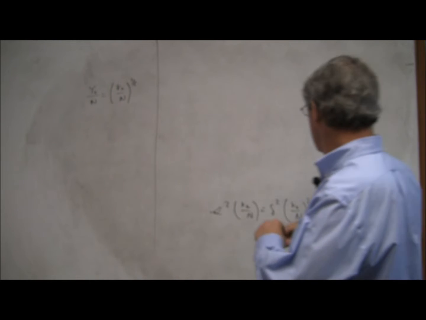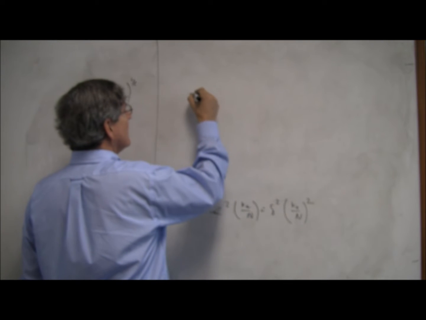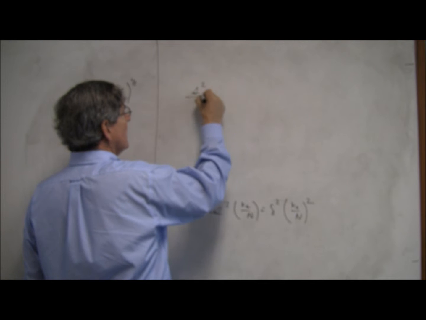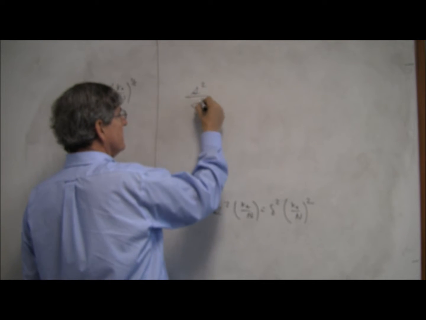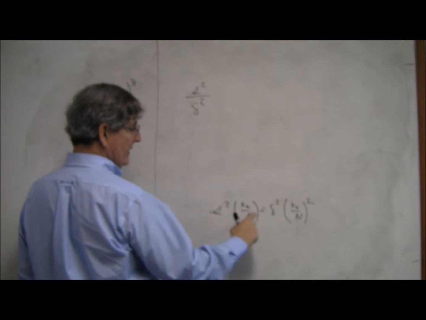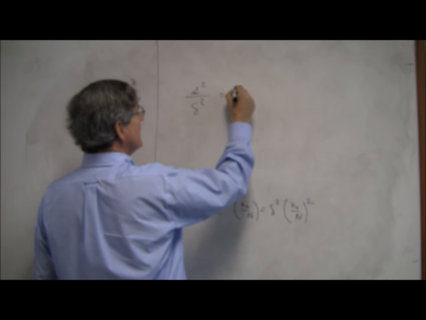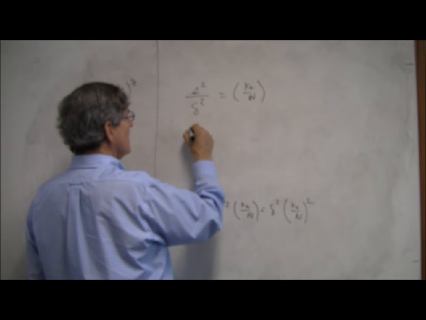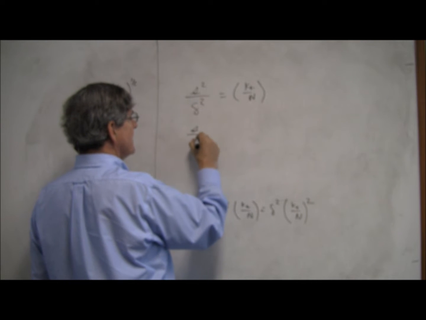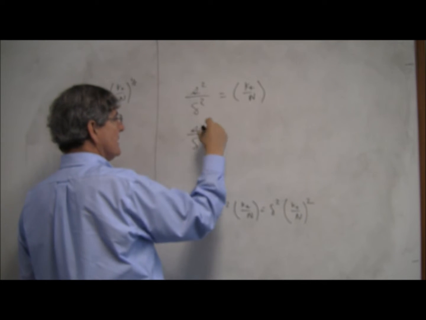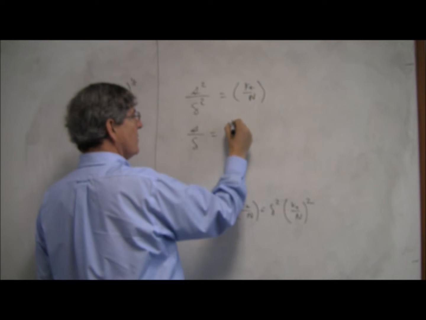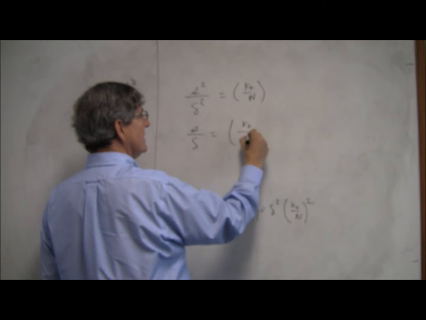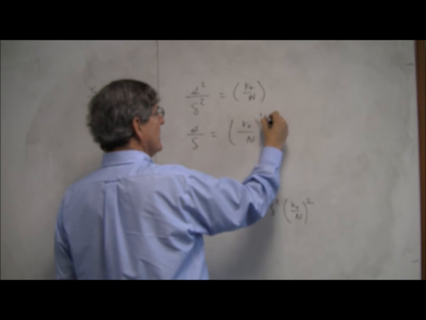So s squared over delta squared, just bring that under there. Bring that under there is kt over n. So s over delta, take the square root of that, has to be that to the 1/2, kt over n to the 1/2.